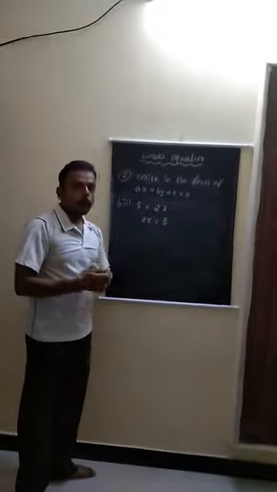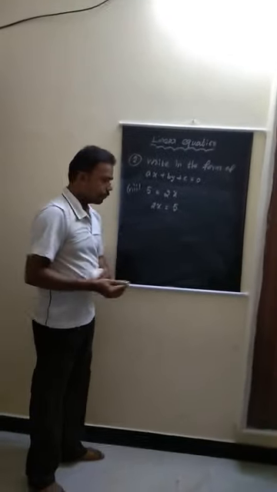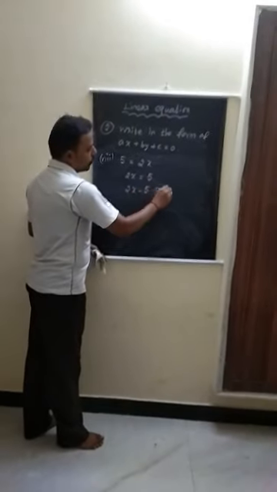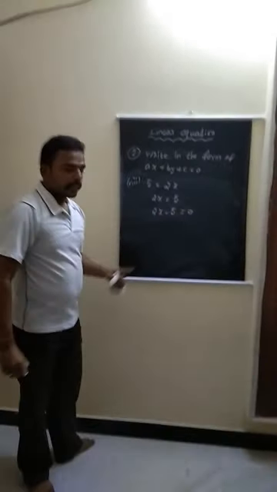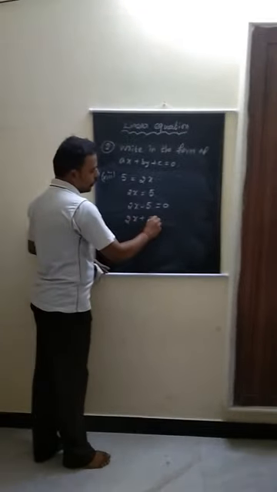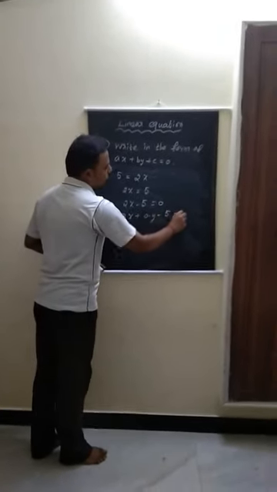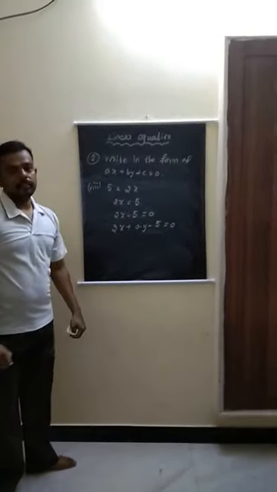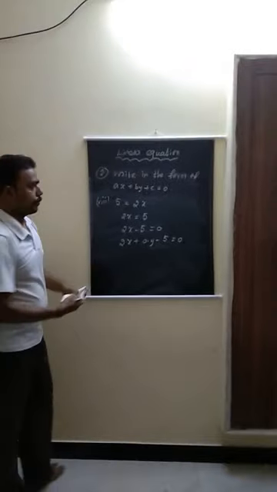After that there is no y. So I need to introduce y. 2x minus 5 equal to 0. Here I need to introduce y. So 2x plus 0 into y minus 5 equal to 0. In the place of b, I introduced 0, that's all. So this is your solution. Right.